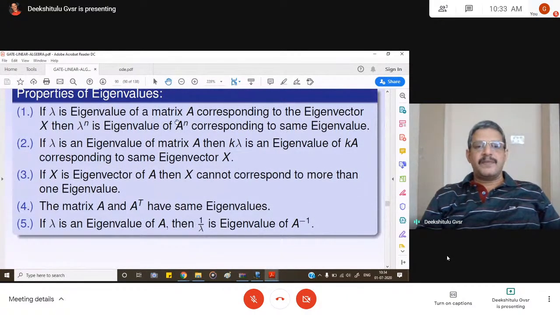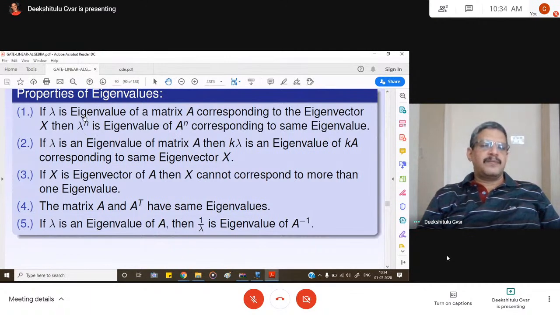If lambda is an eigenvalue of matrix A corresponding to the eigenvector x, then lambda power n is an eigenvalue of A power n. The question may be: let us say lambda is equal to 2 is an eigenvalue of matrix A, which of the following is an eigenvalue of A cube? I repeat the question. If lambda is equal to 2 is an eigenvalue of matrix A, which of the following is the eigenvalue of A cube?